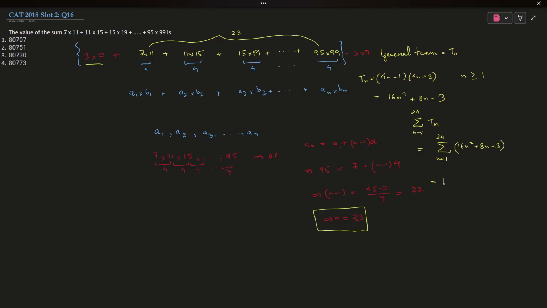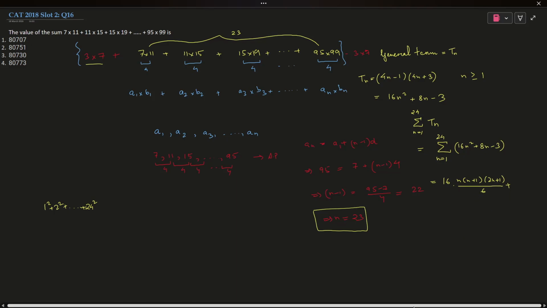Now 16 is a constant, it will come out, and n square will give 1 square plus 2 square plus dot dot dot plus 24 square. This is the sum of the squares of the first n natural numbers, which is given by n into n plus 1 into 2n plus 1 by 6.